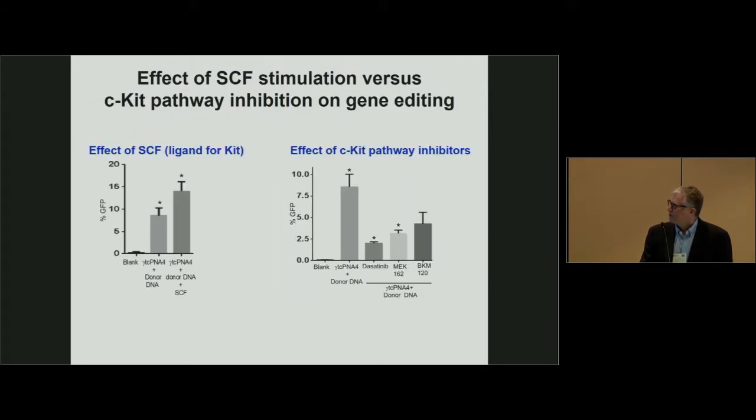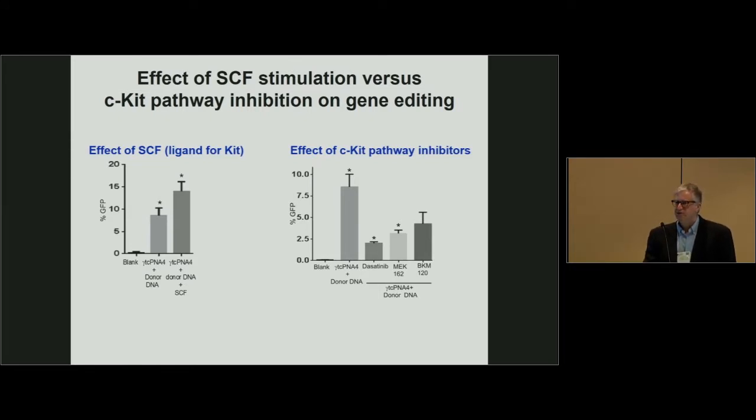So what's going on? Well, it turns out that c-Kit is stimulated by the ligand stem cell factor. So actually, if you add stem cell factor to the media, you get a further boost in editing, and you can see on the left there up to about 15% in a single treatment. Or if you inhibit the KIT pathway with tyrosine kinase inhibitors, you can reduce the gene editing.